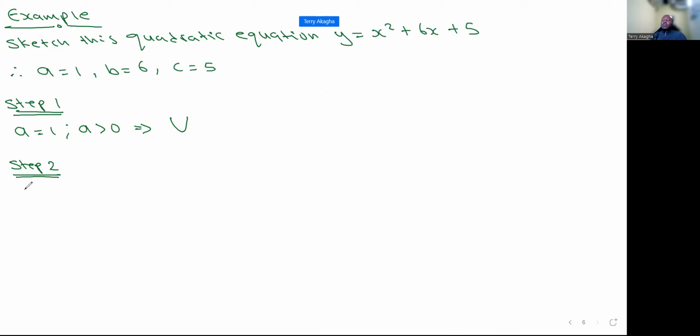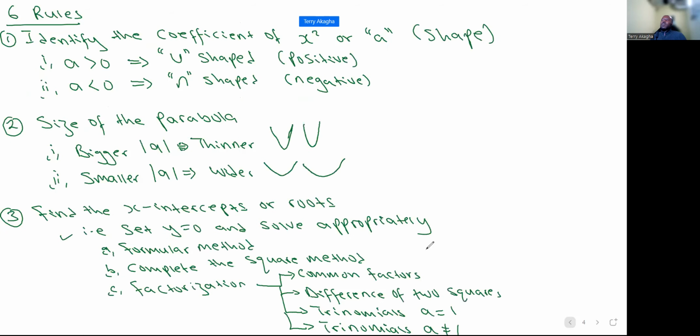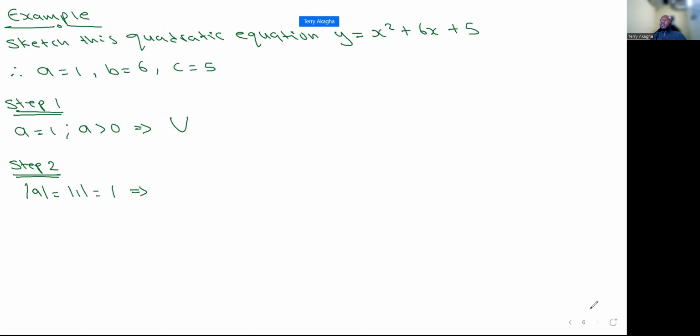So we have the absolute value of a, which is the absolute value of 1, and that is equal to 1. So 1 technically is smaller, and because it's smaller, it's going to be a bit wider. So the graph is going to be U, but it's going to be wider. So we've done that already.